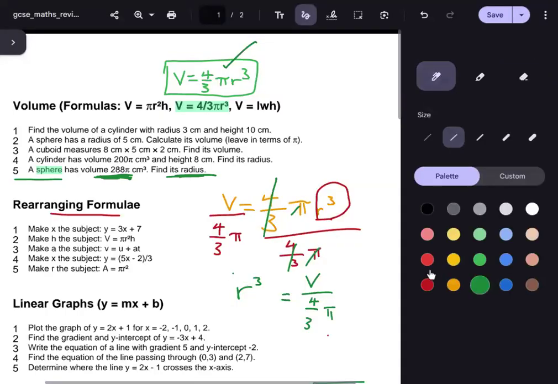Remember before when we had r squared? I said we square root it because the square root and the r squared cancel out and you get r alone. When you have r cubed, you cube root it so that the r cubed and the cube root cancel out and you'll get r alone.